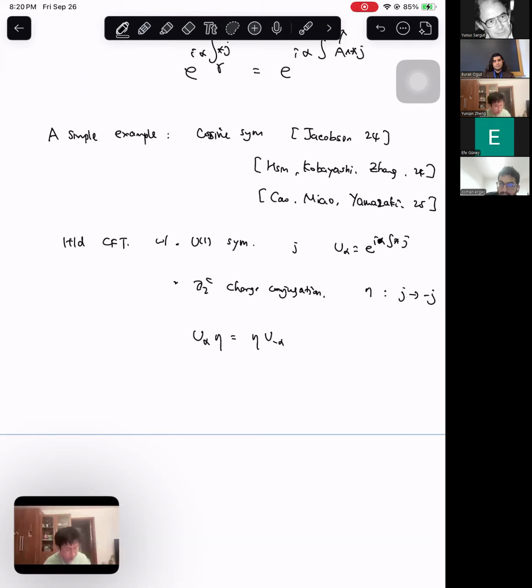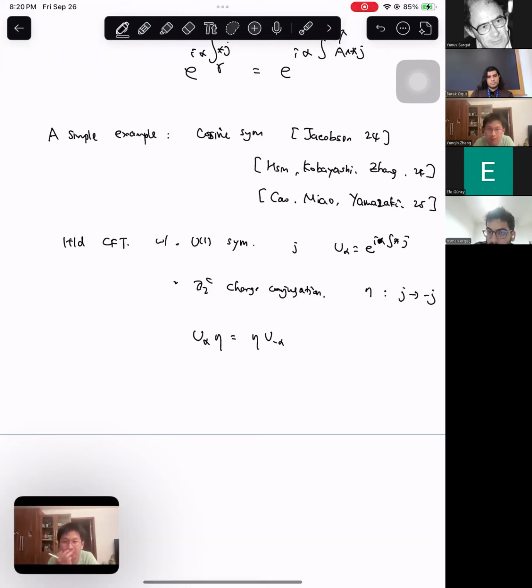So far we only discussed a very simple theory with these naive symmetries. By the way, to have an example in the back of your mind, you can think about this example.